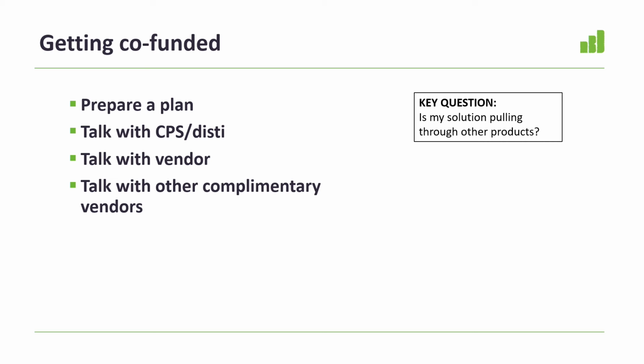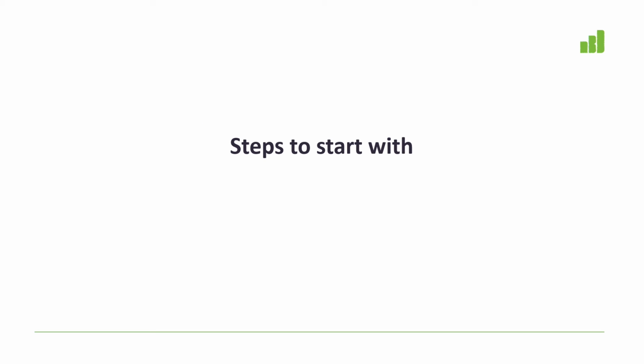This plan got approved and got funded. And now this partner is already getting leads from the campaign being run. So the key thing here is to prepare a plan, and the key question is: is your solution pulling through other products? If it is, there's a good chance you can get co-funding, and it happens perhaps more frequently than you would think.